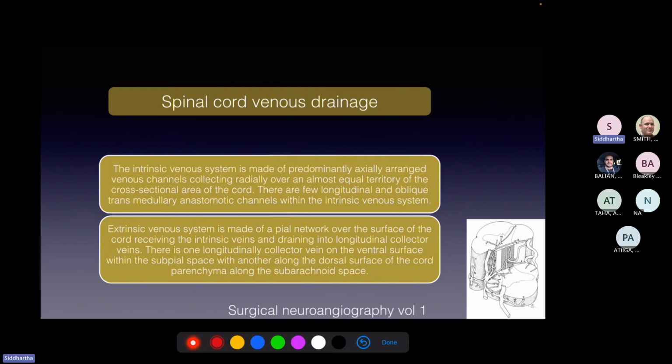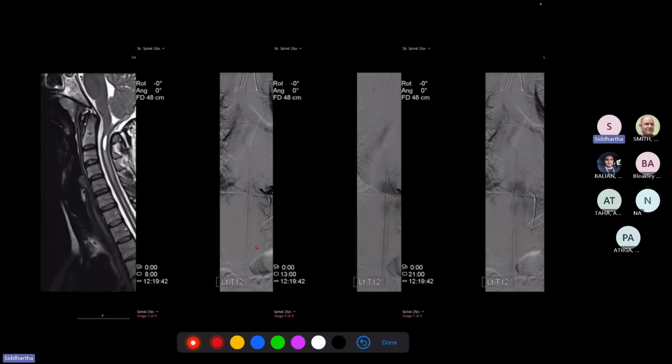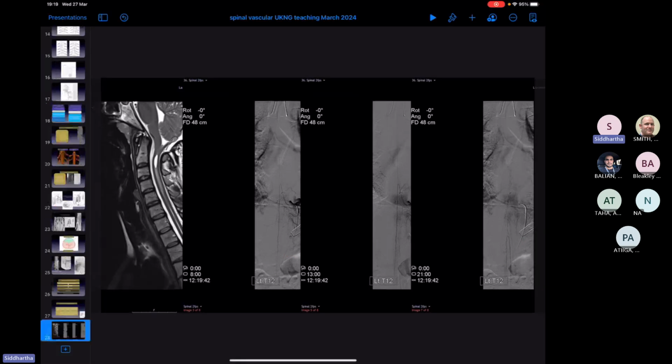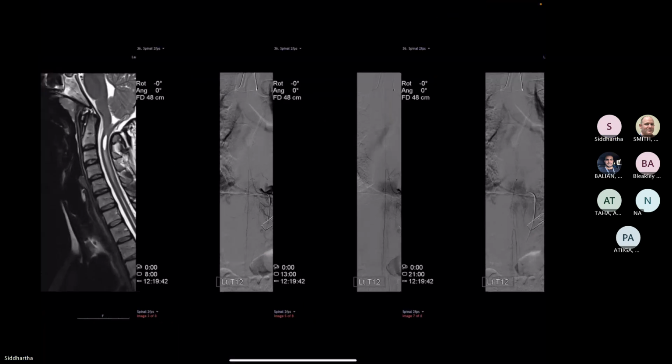This is the injection in the early arterial phase. That's the capillary phase, and this is the venous phase, where you can see the emergence of the radicular veins. So you can see the venous system is normal. There is no evidence of any venous hypertension.